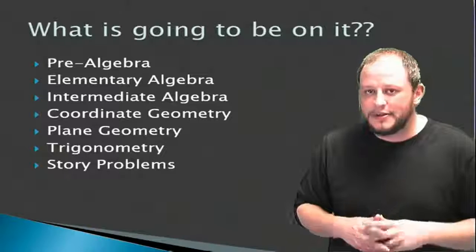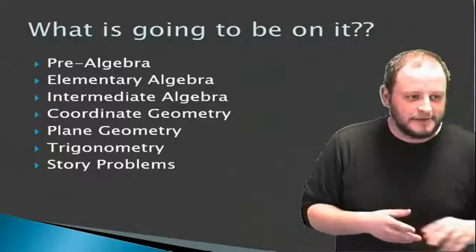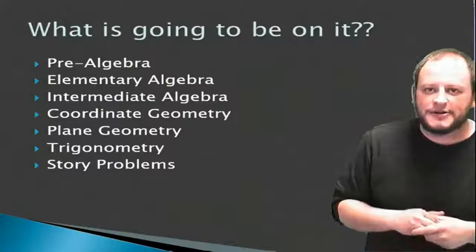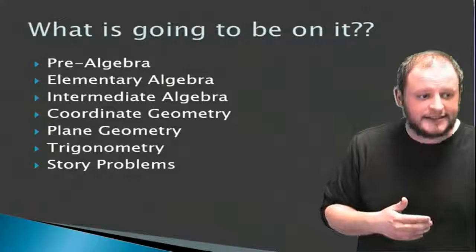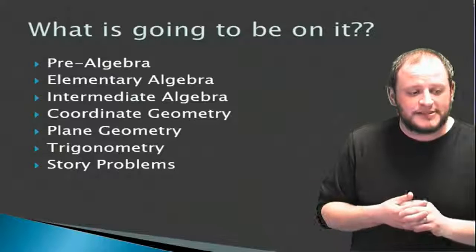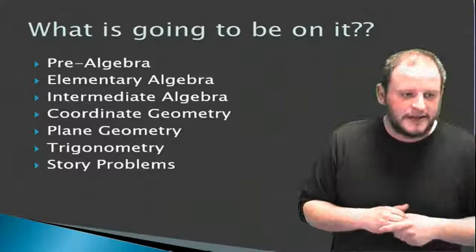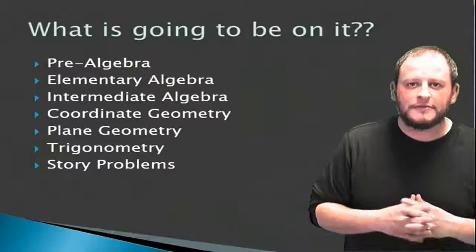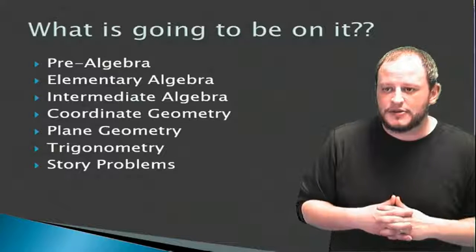You'll notice here at the bottom I've written story problems. You will see story problems in all of these categories. All of these different ideas will be presented in a story problem in one way or another on the exam. So it's important to be prepared for that, be ready to pick out information and set up equations so that you can solve some of these story problems.